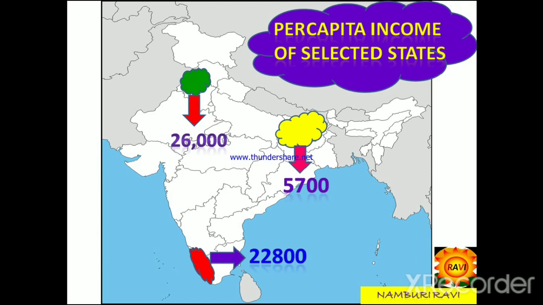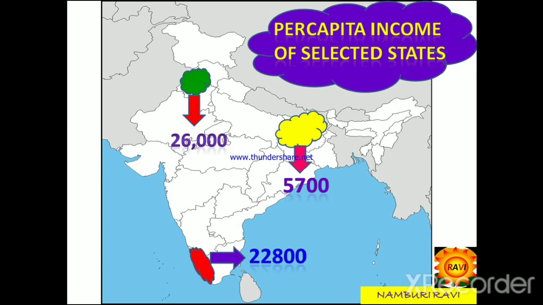There are many reasons. One is that in Punjab the maximum area is under cultivation, most of the farmers depend on the agricultural sector, and water resources are available. That is why their income is increased. And in Kerala also, they are very educated people and they are working in different sectors. That's why their income is increasing.